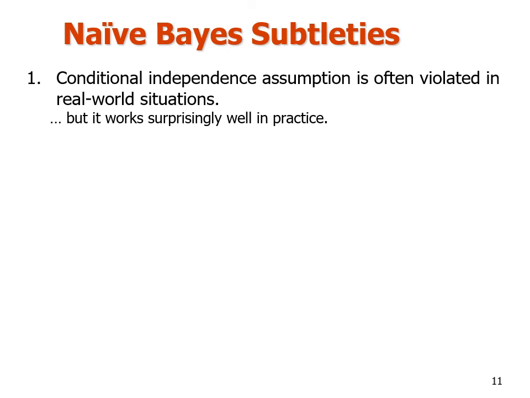This assumption made by Naive Bayes is typically not correct in real world situations, or the conditional independence assumption is often violated in real world situations. In fact, the independence assumption is never correct but often surprisingly works well in practice.